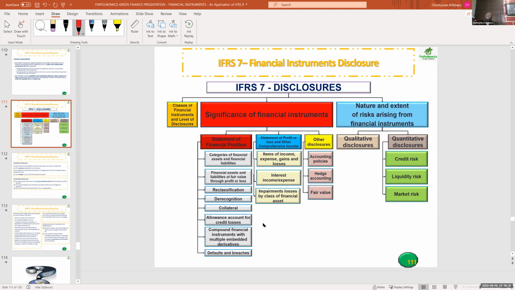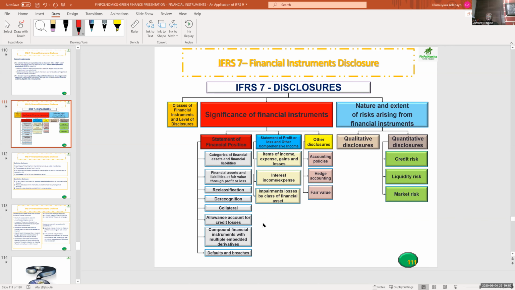You need to give us details of financial assets that were derecognized in that period, whether by way of transfer of significant risk and reward, or for a liability that has been discharged, that has been cancelled, or has been settled.